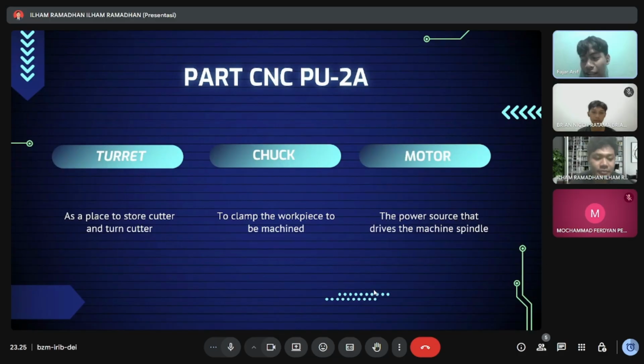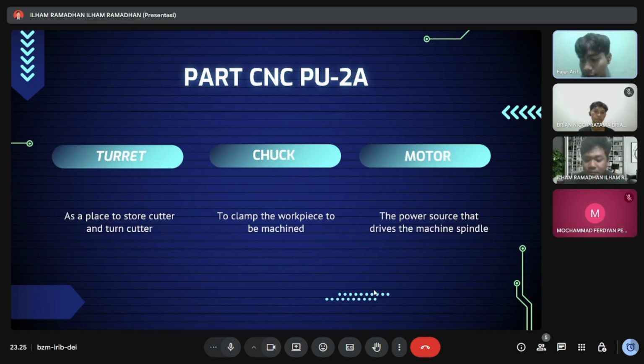Next, I will explain the main parts of the CNC production unit 2A. The first is the turret. The turret is a place to store and turn the cutter. The second is the chuck, which is used to clamp the workpiece to be machined. The third is the motor, the power source that drives the machine spindle.